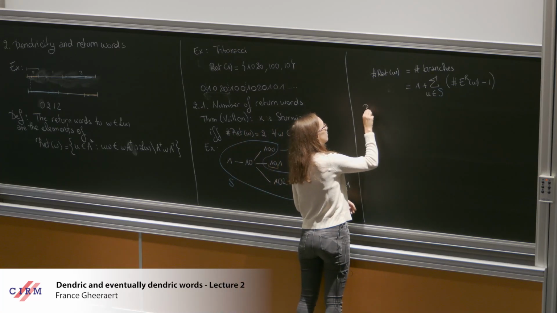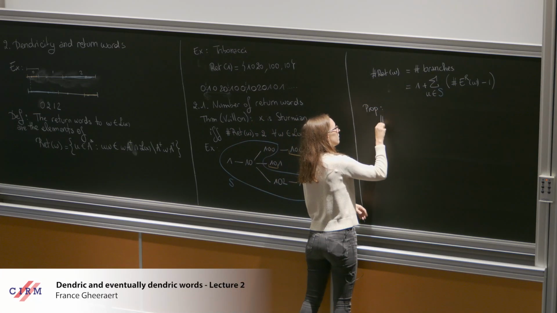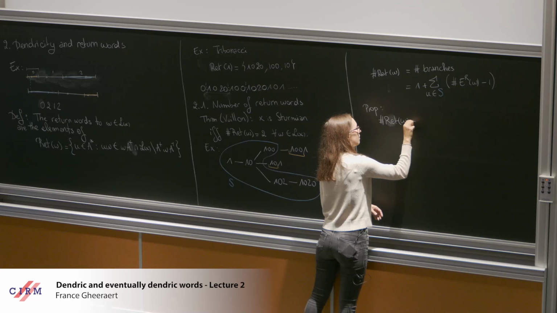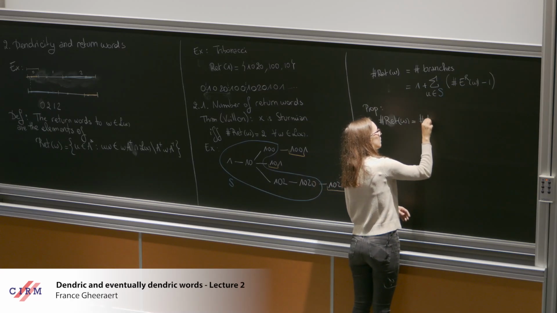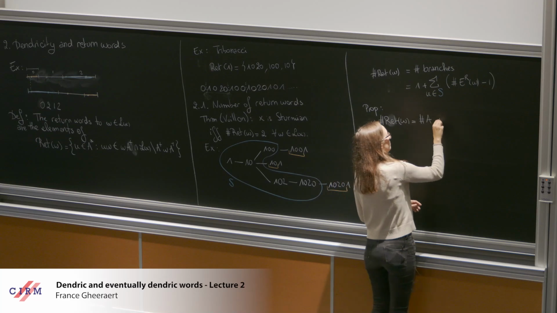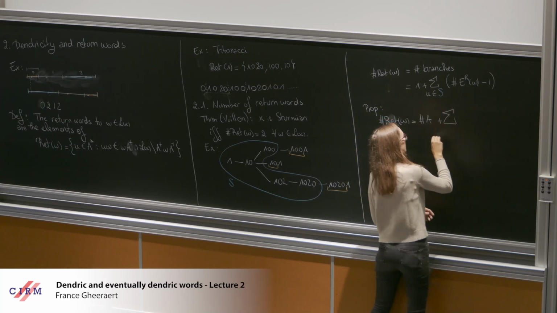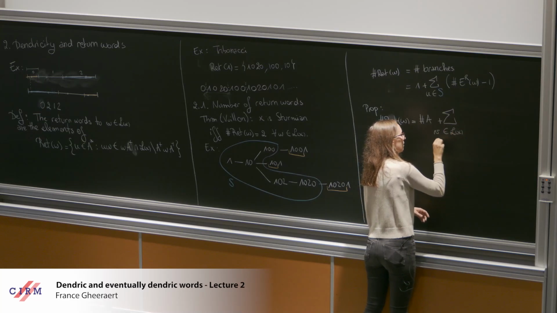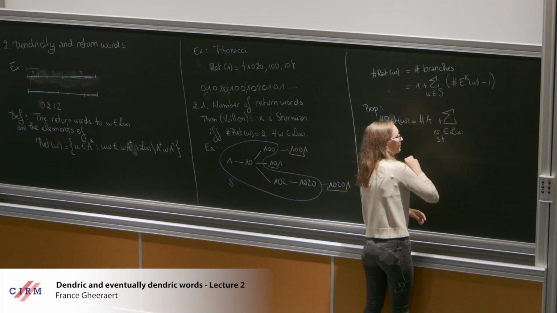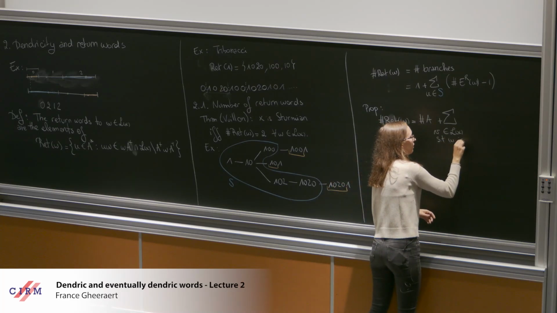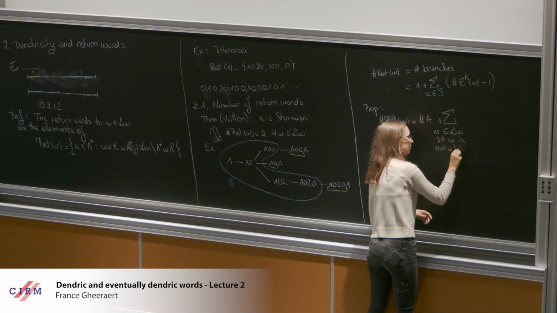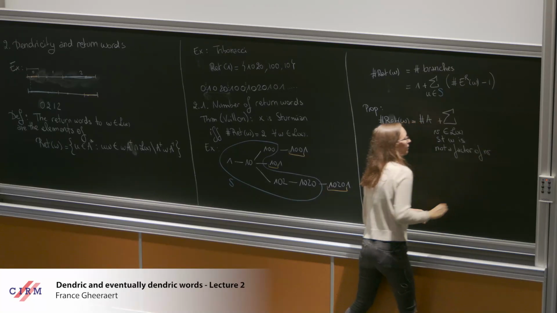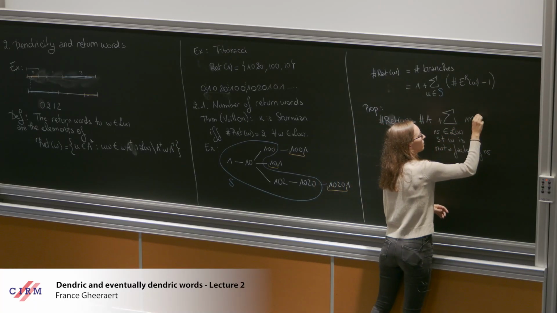But you can show that actually the number of return words for W is equal to the number of letters in your sequence plus the sum over the V such that W is not a factor of V, and we sum the multiplicities this time.